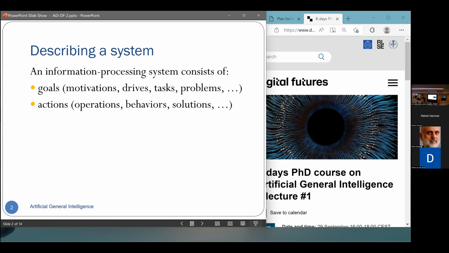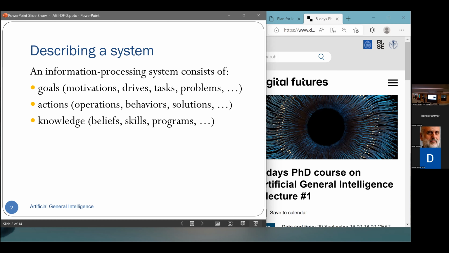And the second part is the other end. That's what the system can do, which can be called actions, operation, behavior, or solution. So what you want and what you can do. And then the third one is the relation between them, which is typically called knowledge. So the knowledge tells you if you do this, you can get that.